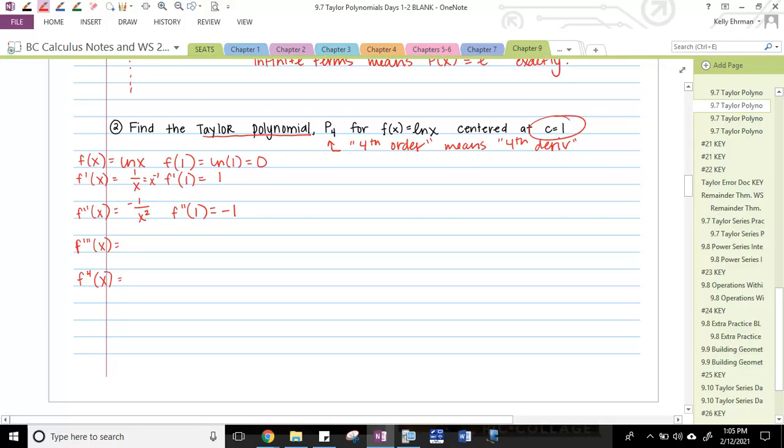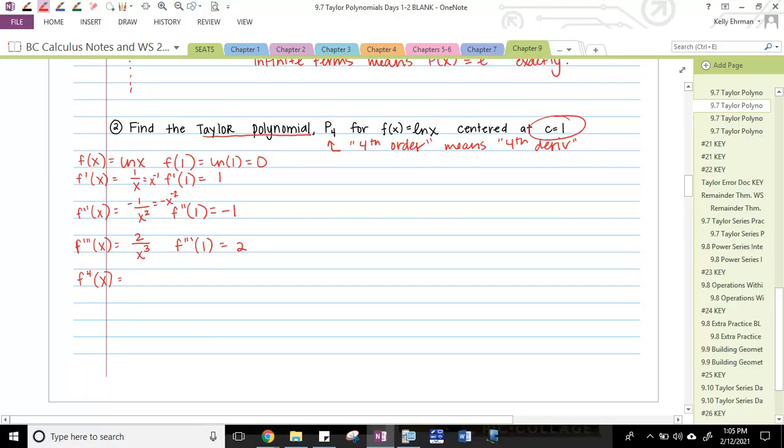Now, don't just assume that you know the rest of the numbers. It's not going to be 1, negative 1, 1, negative 1. You take another derivative. Remember, right now this is negative x to the negative 2. This would become 2 over x to the third. So here, the third derivative evaluated at 1 is 2 over 1, which is 2.